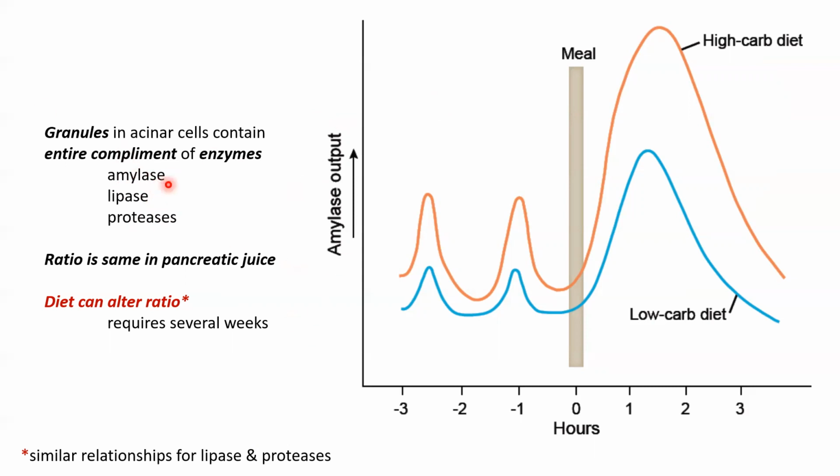But you're just going to have a little bit more amylase than you did before you started a high carb diet. And you'll see the same thing if you go through a high fat diet or switch to a high protein diet. It'll take a long time. It's a genetic thing, requiring gene transcription and protein synthesis. It takes a while, but the diet can modulate that.